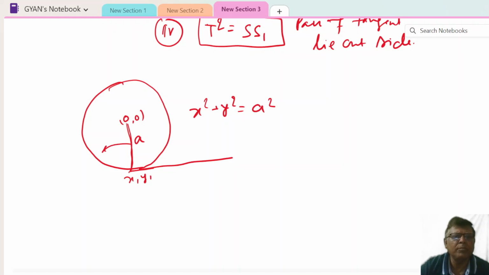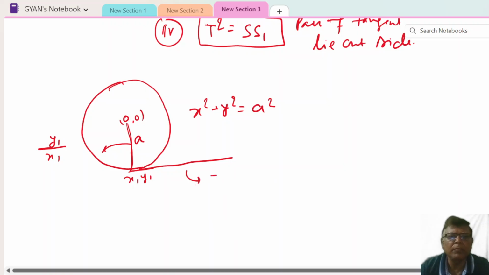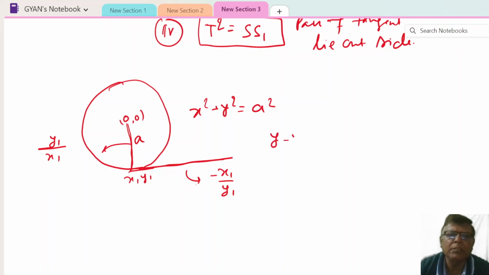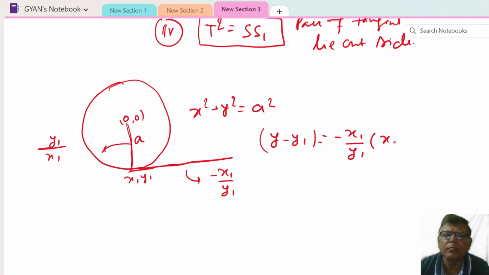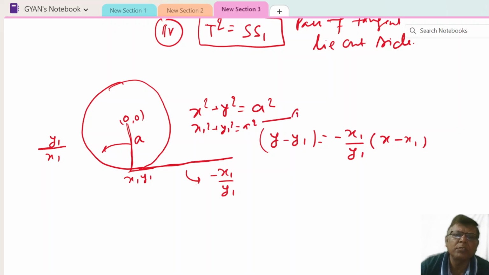Then the slope of this radius is y1 by x1, so the slope of the tangent is minus x1 by y1. Then the equation of this line is y minus y1 is equal to minus x1 by y1 into (x minus x1). And since x1 y1 lies on the circle, x1 square plus y1 square is equal to a square. This is equation number 1.